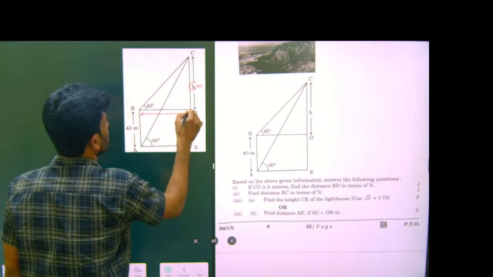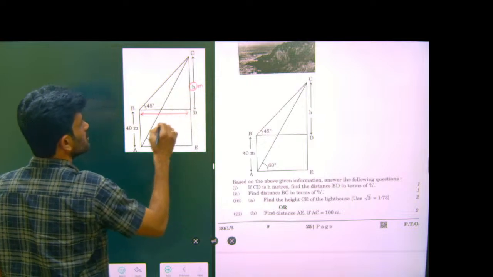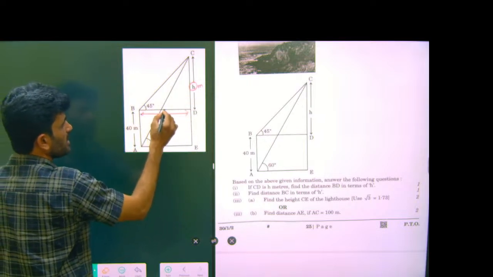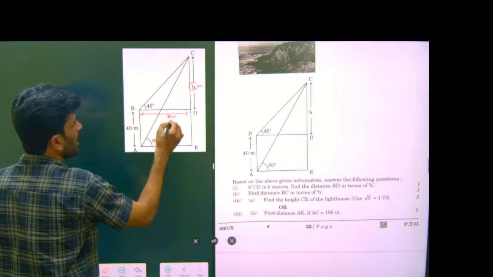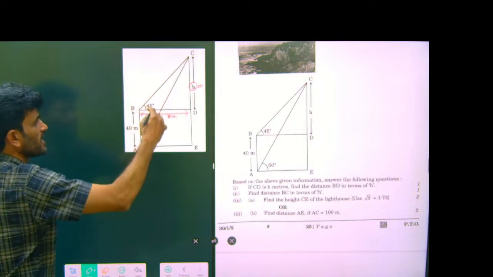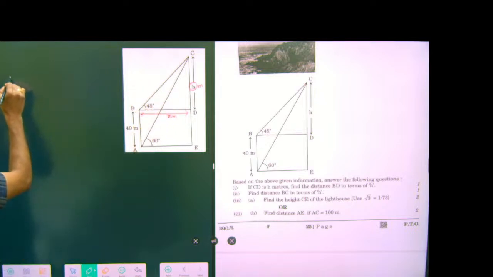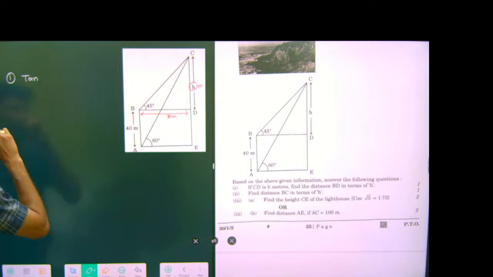You can see CD is the opposite side to the angle 45 degrees and BD is the adjacent side to the angle 45 degrees. So which trigonometric ratio gives the relation between opposite side and adjacent side? To get the first question answer, we have to use tan, because tan theta is opposite side to angle theta by adjacent side to angle theta.